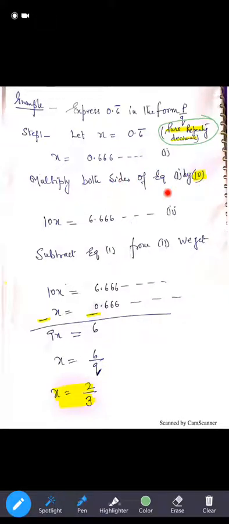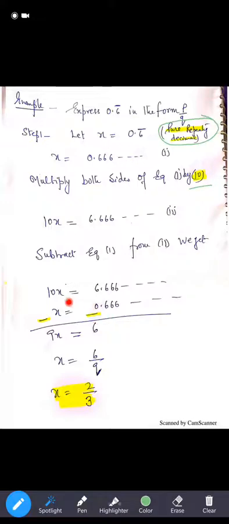So multiply both sides of equation 1 by 10. Then 10x is equal to 6.666 and so on. Now we have to convert this expansion into a fraction, so we have to eliminate the repeating digits. For elimination we subtract equation 1 from equation 2, left hand side from left hand side and right hand side from right hand side.